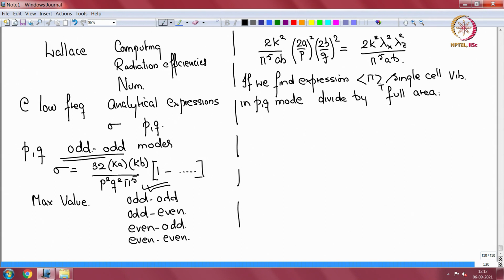So, what we get is sigma, let me call it one cell, given by 2 k square lambda x square lambda z square by pi to the power 5 AB.